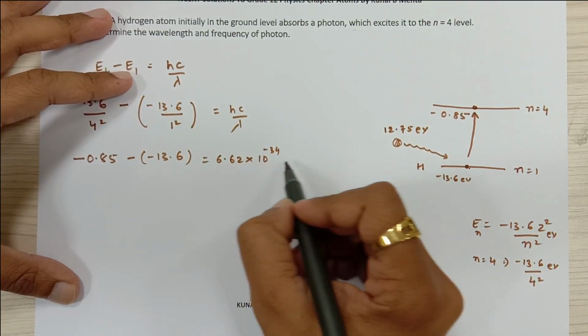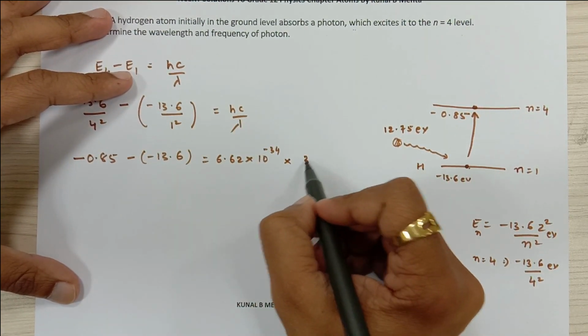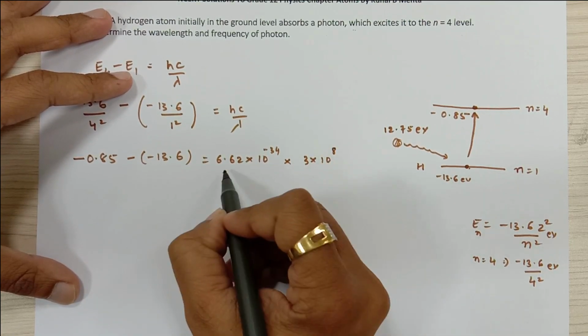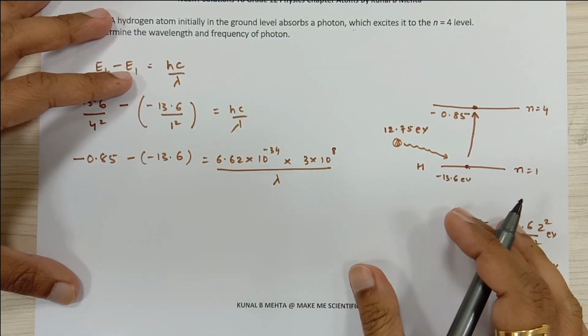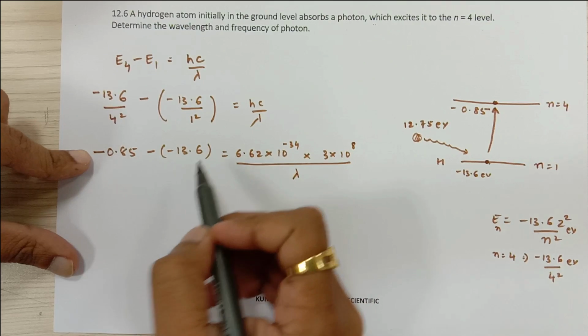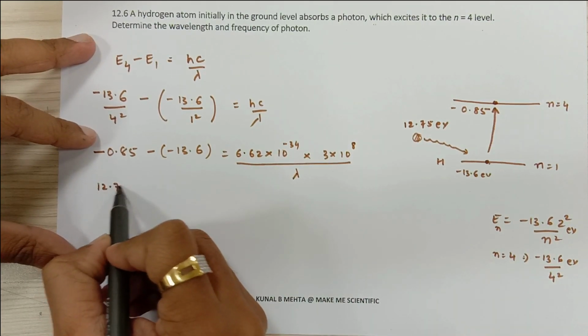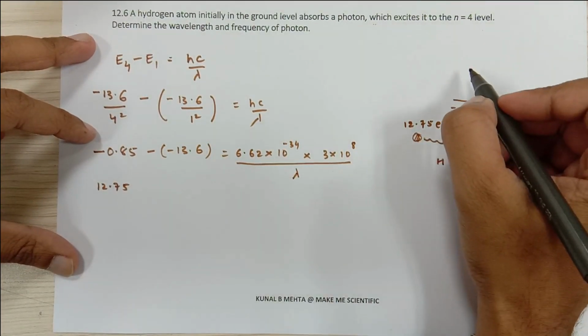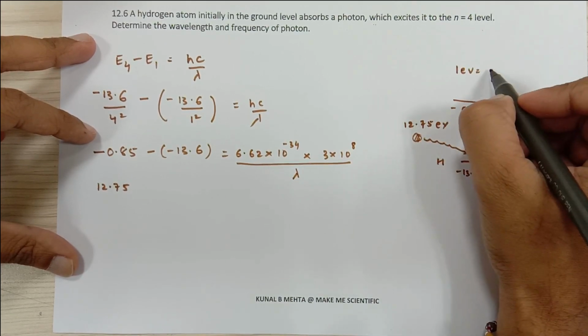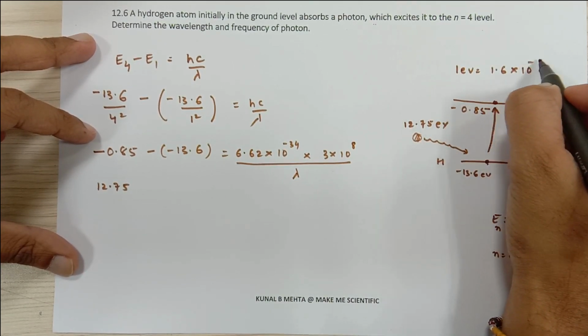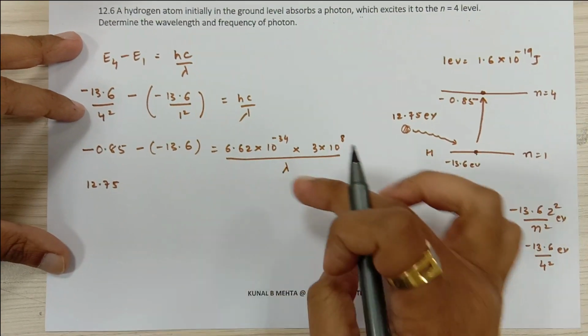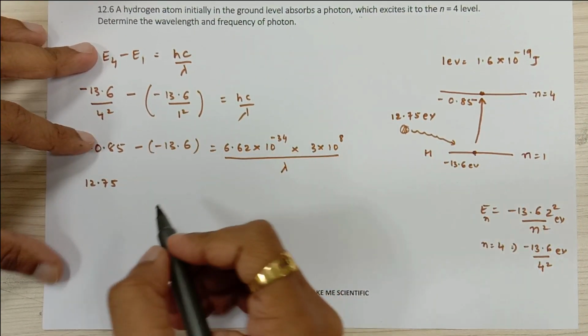And c is 3 into 10 raised to 8 meter per second, upon lambda, which we are supposed to find. This is 12.75 but in eV, and 1 eV is equal to 1.6 into 10 raised to minus 19 joules. Since everything is in SI unit, I need to convert this also into SI unit.